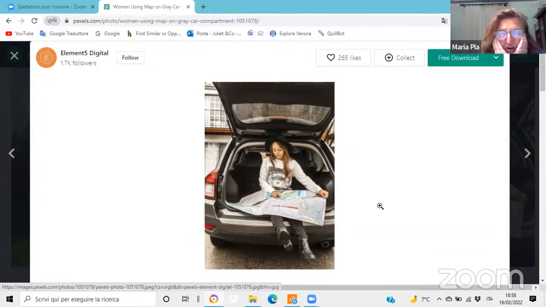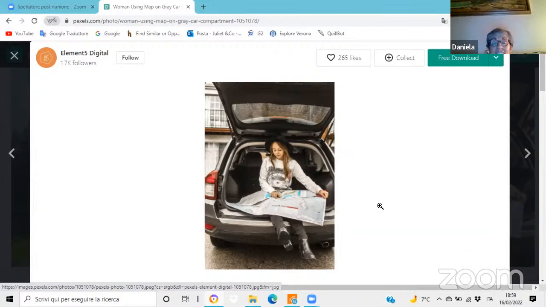Okay, you should go on a little bit more. For example, why do you think she's sitting in the car in that way? I think she's sitting in that way because the map is quite big, and so she needs a big space to open all the paper, and maybe she's confused about the place where she wants to go.